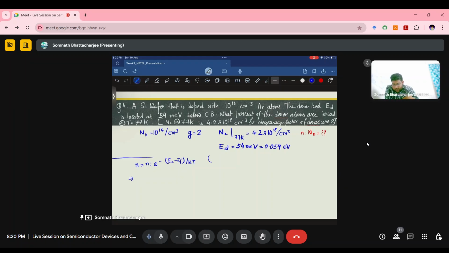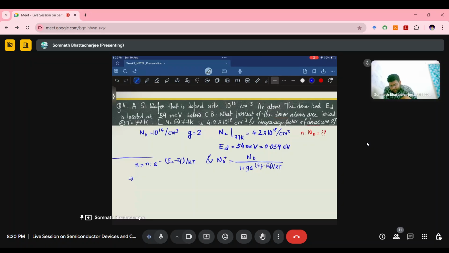And there is another one, that is ND plus, which is ND divided by 1 plus G e to the power of (EF minus ED) divided by KT. And here comes the degeneracy factor, so the value of G is there. You have to solve these two equations and get the values.